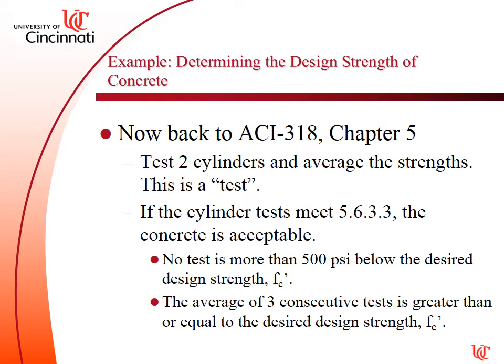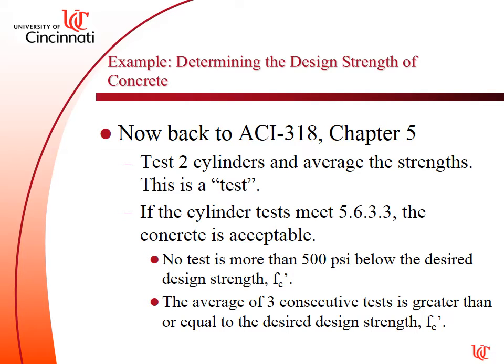We've already talked about the testing of a cylinder, but that's not the same as what the ACI is calling a test in Chapter 5, because in Chapter 5 they are actually talking about 2 cylinders and the average of 2 cylinders being tested as a quote unquote test.